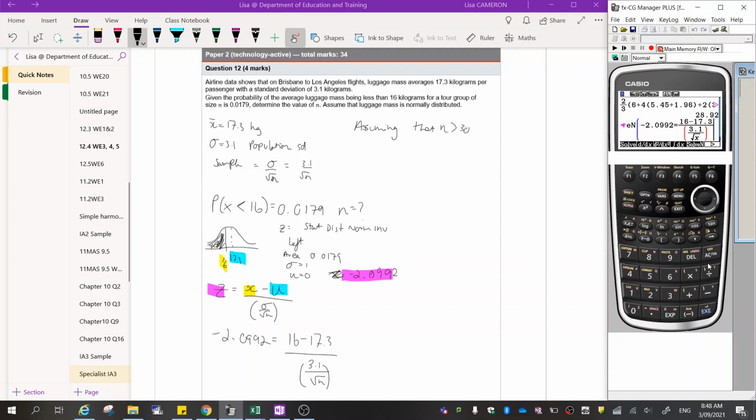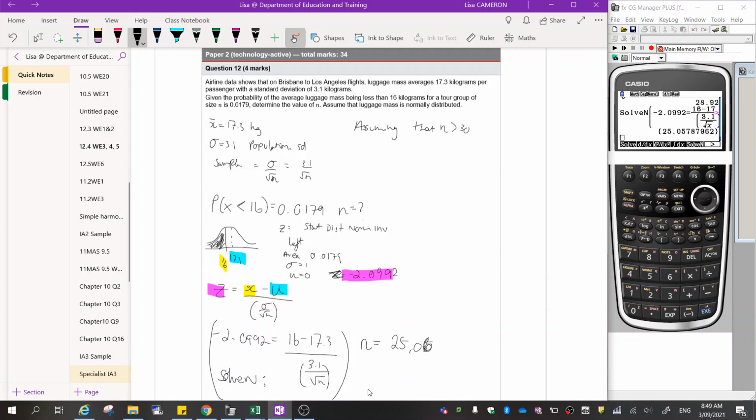Bracket, and then we're solving for x. Close that bracket, press execute, and we get the answer of n equals 25.05. Here I'm going to write solve n so that people know what I did in the calculator, very important.